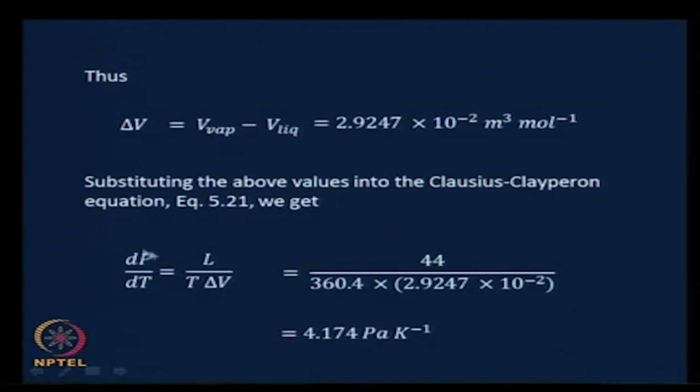So this is the amount of pressure for a unit change in temperature that is required to maintain equilibrium when this process is taking place. That is one of the interpretations of the left hand side of the Clausius-Clapeyron equation.